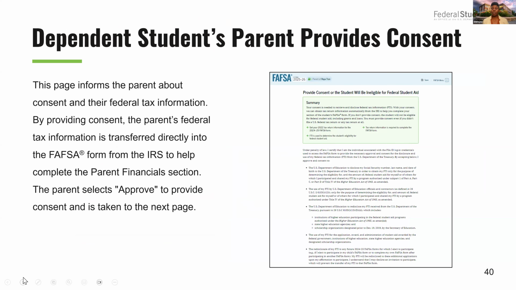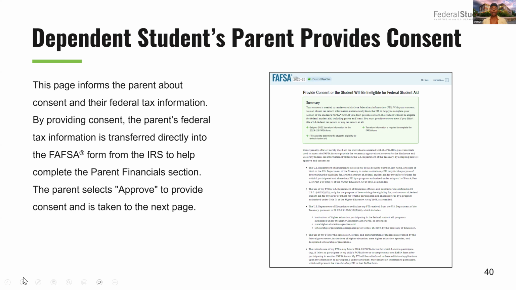It will then take you to your consent saying, hey, do you give us permission to ask the IRS for your tax data? If you fail to provide consent, this form will not be complete, and we will not get the information we need at AU in order to determine your student's eligibility for aid.